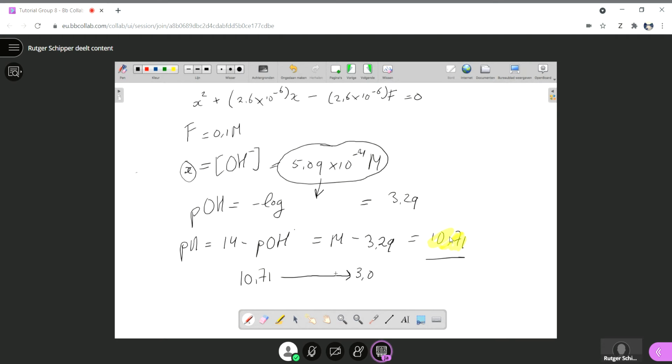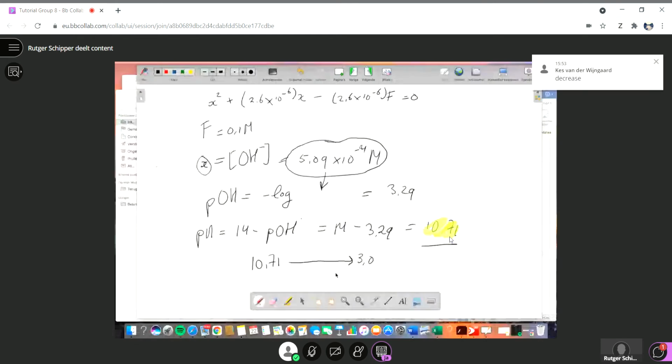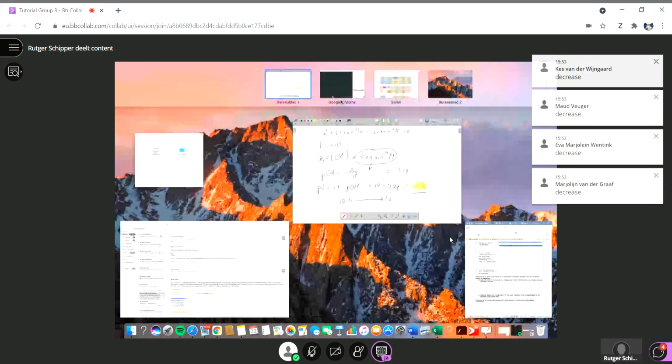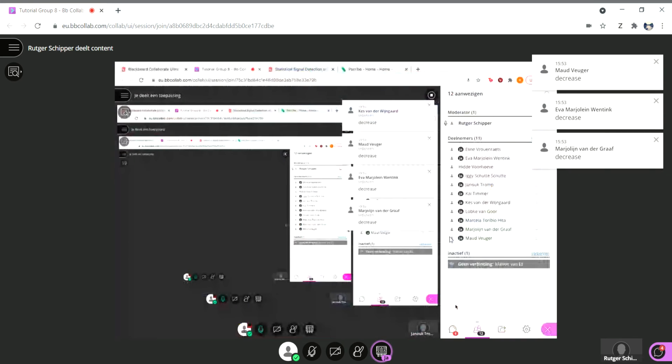And do you expect the pH to increase or decrease while we add more acid to our system? You can type in the chat. Decrease, right.